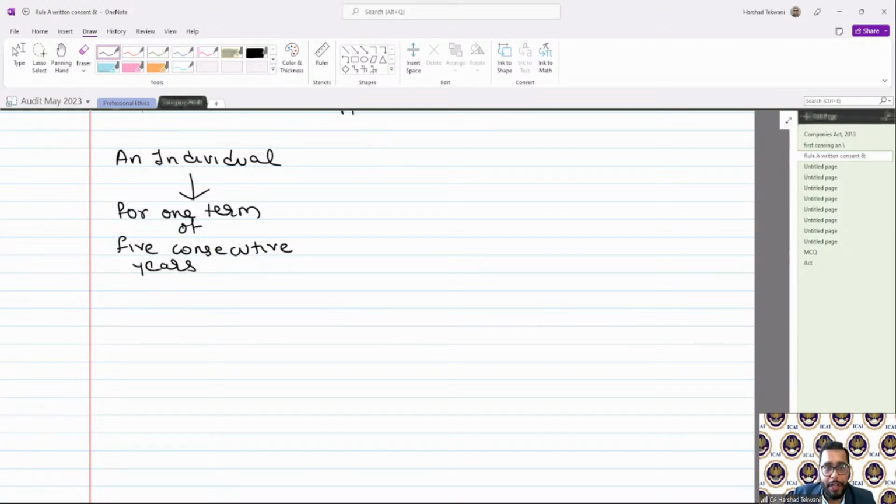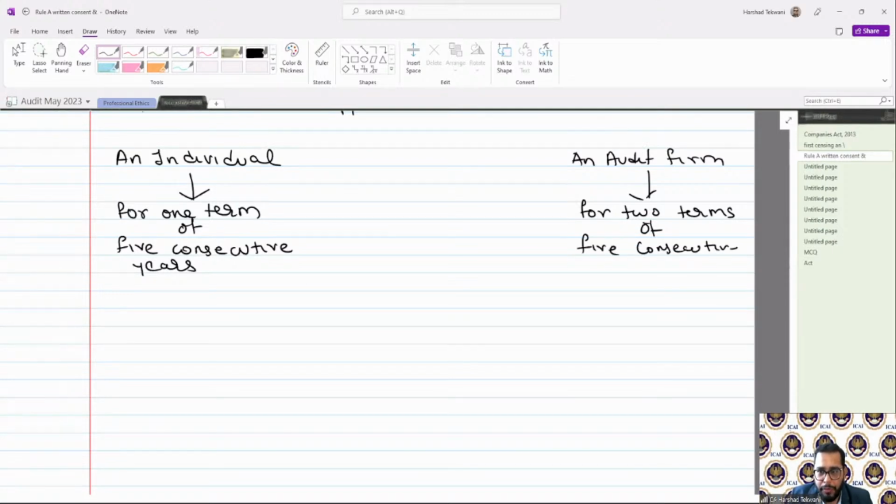Now, in case of an audit firm, the audit firm shall not be appointed for more than 2 terms of 5 consecutive years.